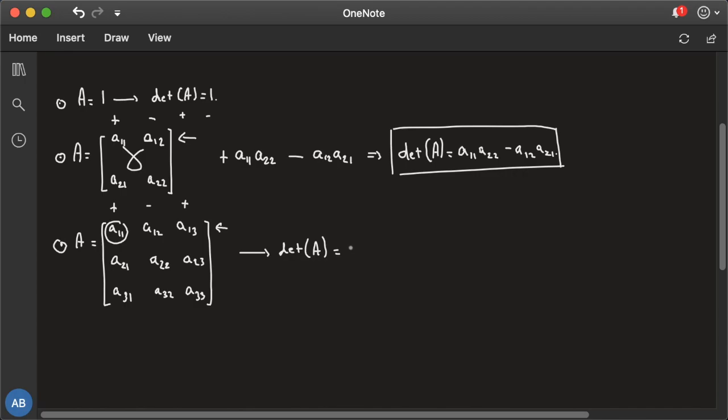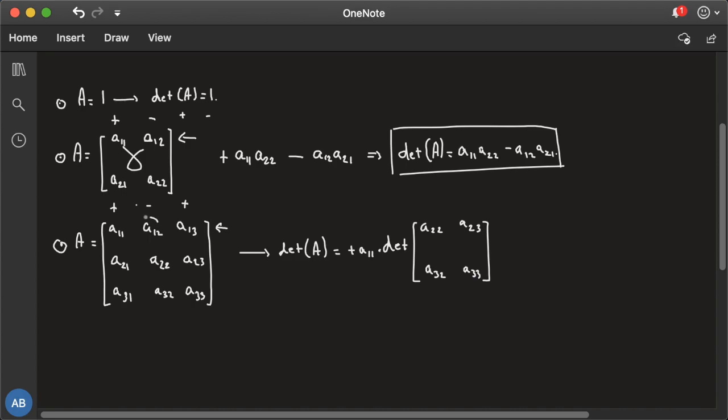We've got a plus A11 multiplied by something, right? So we have to eliminate its corresponding column and row, and we're left with this submatrix. So it will be multiplied by the determinant of what is left, that is A22, A23, A32, and A33.